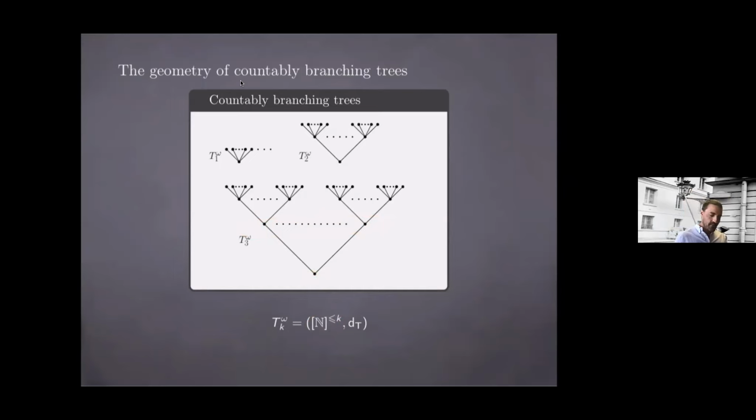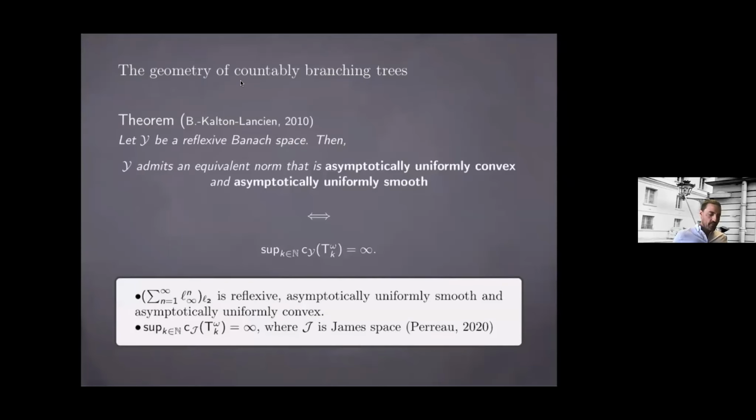All right. So what do we know about the countable branching trees? About 10 years ago, with Nigel Kalton and Gilles Lancien, we were able to prove what can be thought of as an analog of Bourgain's metric characterization, but in the asymptotic setting. And we proved the following thing.